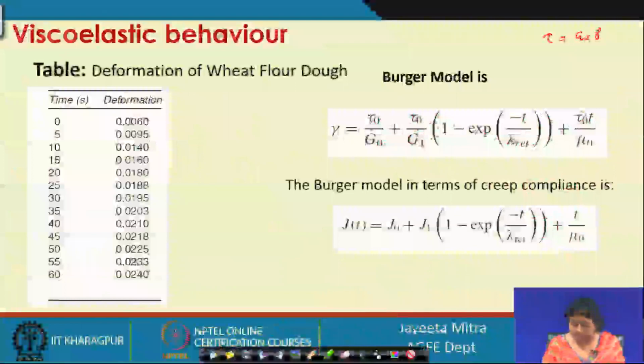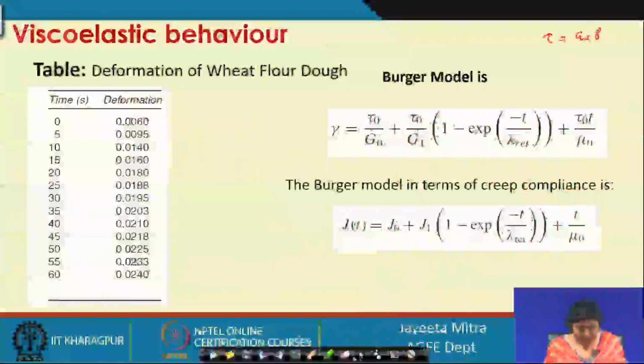So, in terms of creep compliance we can write this equation as J(t), just we have taken the inverse, that is the strain versus stress. So, divided by tau 0 we are getting J(t) equal to J 0 plus J 1 into 1 minus exponential minus t by lambda retardation, plus t by mu 0, okay.